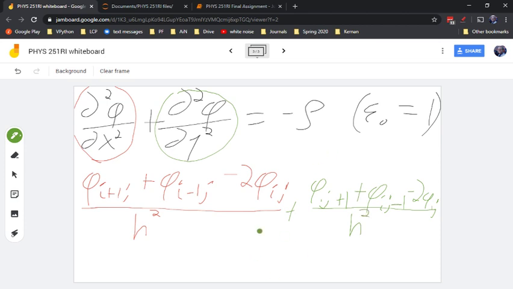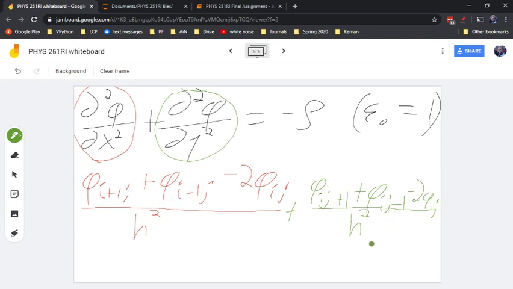So here I'm changing the i's, i plus 1, i minus 1, leave j alone. Here I'm changing the j's, j plus 1, j minus 1, leave the i alone. And you notice they look very similar. The only difference is where the plus 1 and minus 1 goes, because here you're going a point to the right, a point to the left, a point above, a point below.